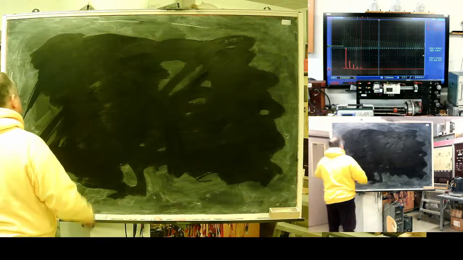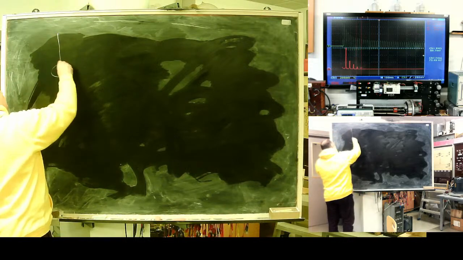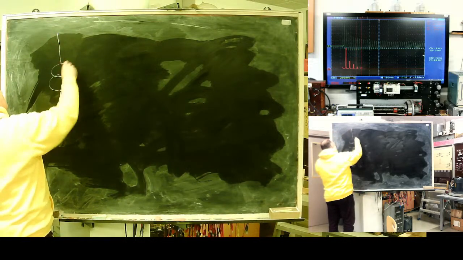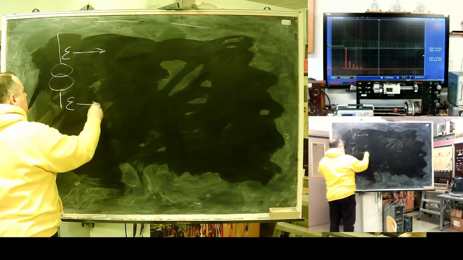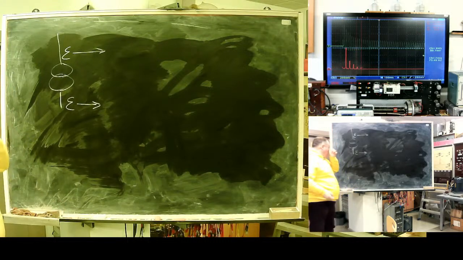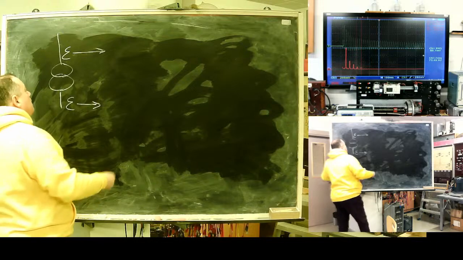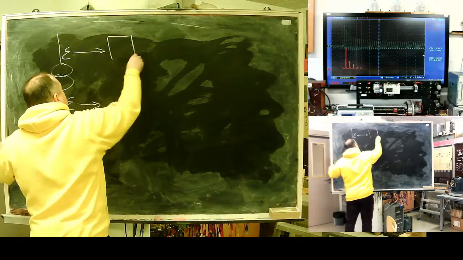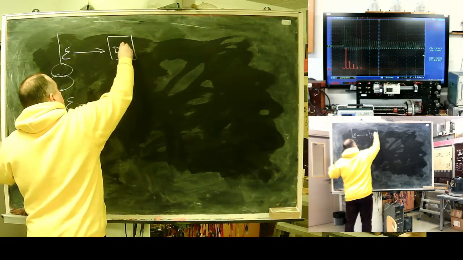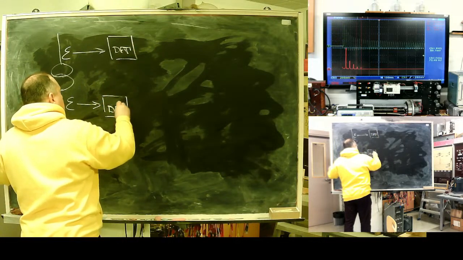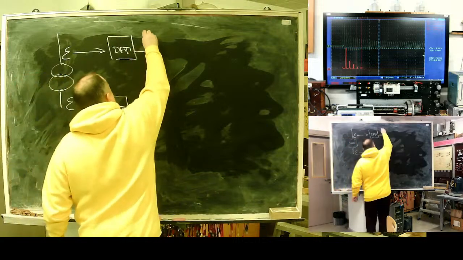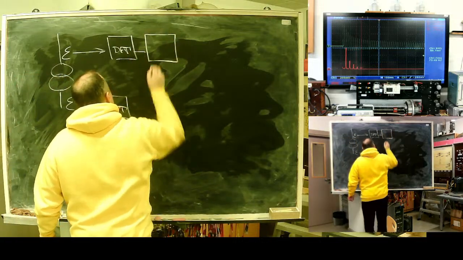It's done, for example, with my transformer: current flows from the primary side, current from the secondary side. What's done inside the relay? DFT, to perform correction with vector and matrix.